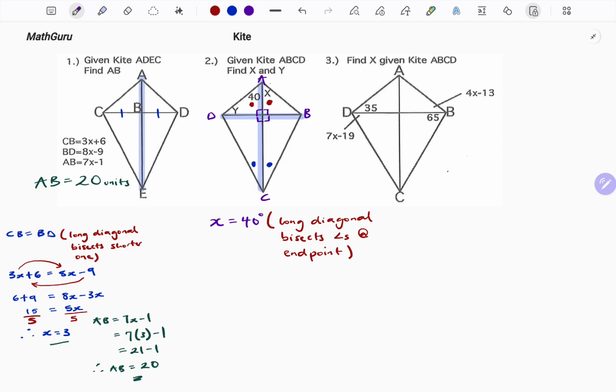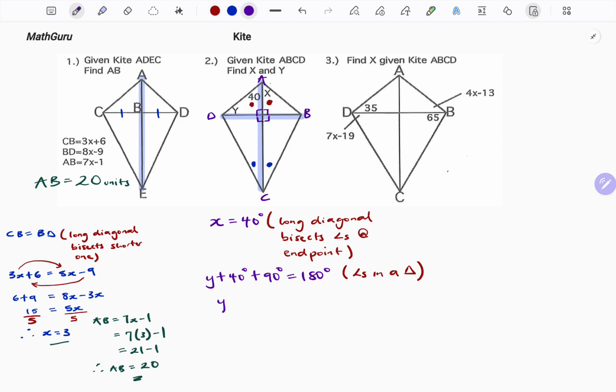Therefore, to find y, I'm going to use that triangle such that y plus 40 degrees plus 90 degrees will be equal to 180 degrees. That is, the sum of angles in a triangle add up to 180.